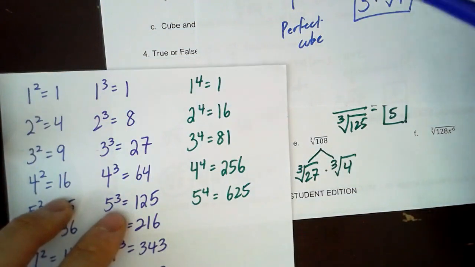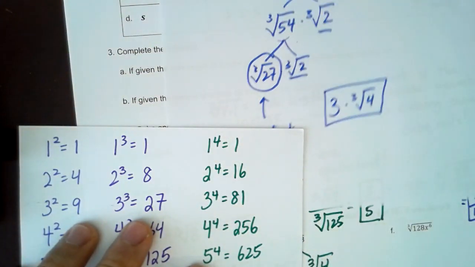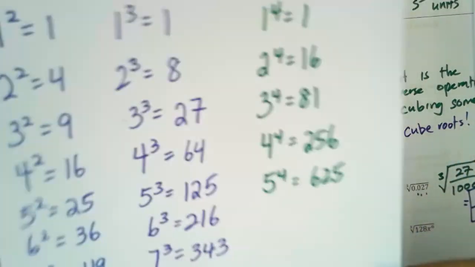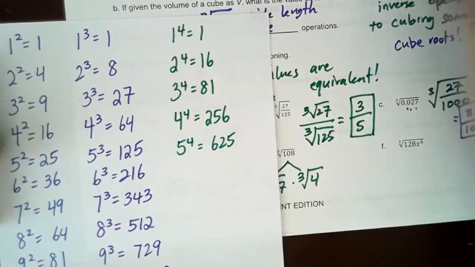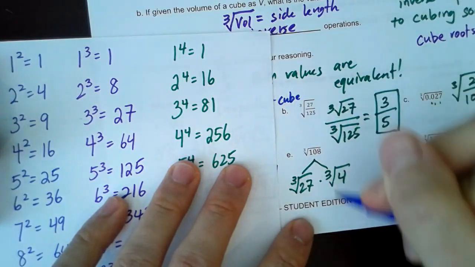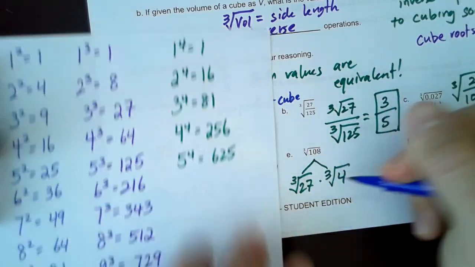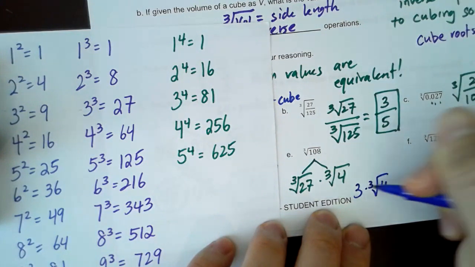There's no reason to just split in half all the time. It's just going to take you more time. So I just think having this list right here is the faster way to do it. And honestly, to me, it's the easier way to do it. Okay. So then we know that the cube root of 27 is 3. And then this is already simplified. So I'm going to get 3 times cube root of 4.